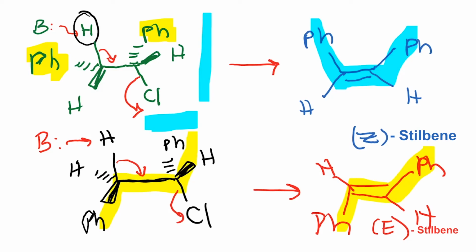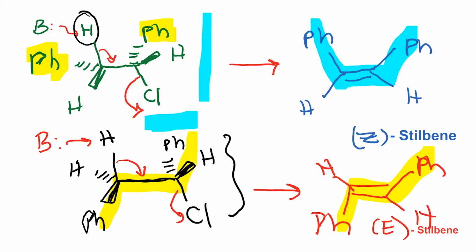product. Okay, so now one would be very tempted to say that this conformation is more stable, and therefore the population of this conformation is higher and it would give the E product, because we know that the E product is going to be the major product of this reaction.